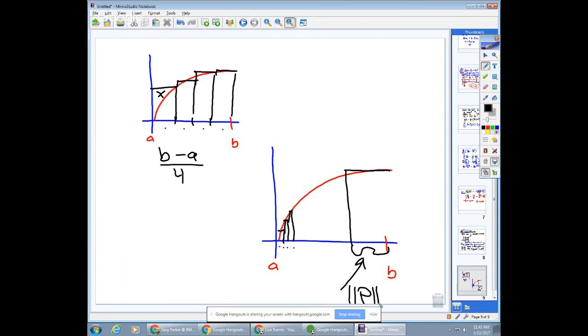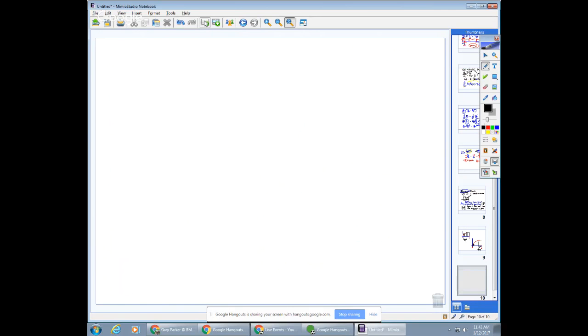Okay. So what he then said after that was, if you then add up all of those, instead of calling it delta x, we're going to call it delta x sub i, because each place is going to be a slightly different width. And then you're going to evaluate the function at some number c sub i inside the interval. And what he said is, you don't worry about your partition. It could be absolutely anything. It could be even or not.